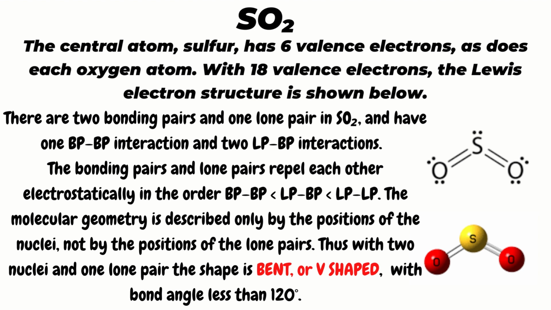The bonding pairs and lone pairs repel each other electrostatically in the order bond pair repulsion is less than lone pair bond pair repulsion less than lone pair repulsions. The molecular geometry is described only by the positions of the nuclei, not by the positions of the lone pairs. Thus, with 2 nuclei and 1 lone pair, the shape is bent or V-shaped with bond angle less than 120 degrees.